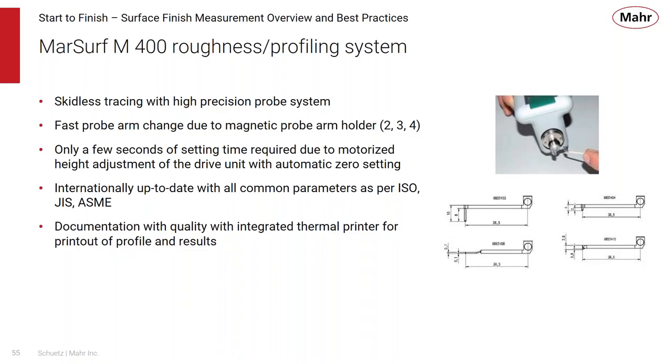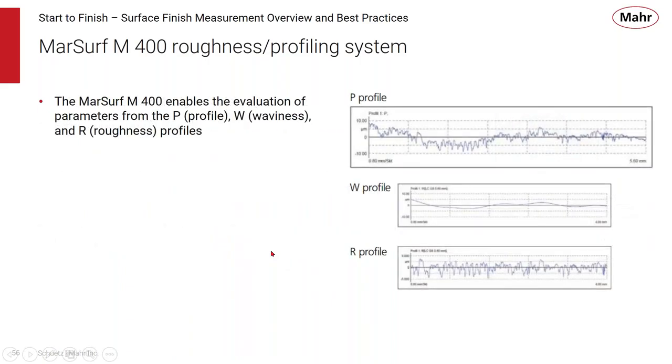It comes with all the international standards for measuring waviness and roughness and profile. And we can document this information through the integrated printer that's built into the system. And there are lots of different probe styli available for small holes, for grooves and so forth, for doing over radii and so forth. Lots of capabilities with the M400.